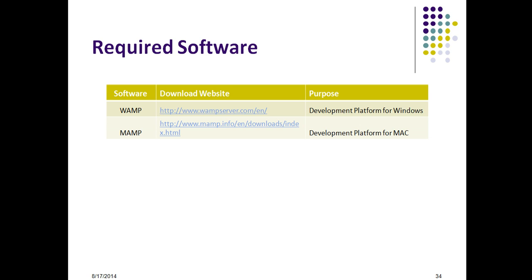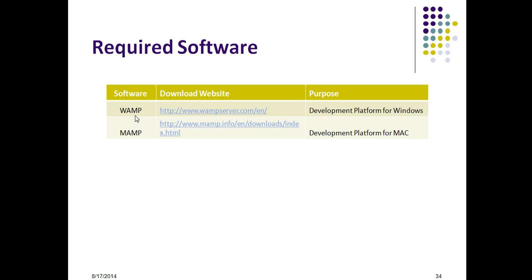The last bit of software that we're going to install, and this is a very critical part for our web applications, is our actual development platform. Okay? And the software that we're going to be using is called WAMP, or WAMP server. Okay? If you're running Windows on your laptop, which I am, and probably most of you are, we're going to be using WAMP. Okay?